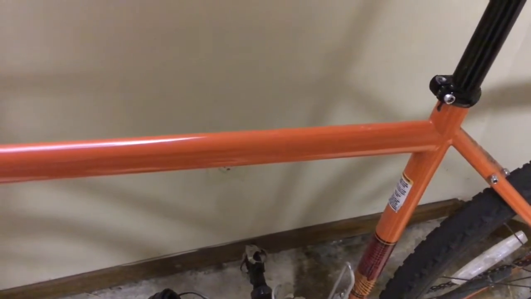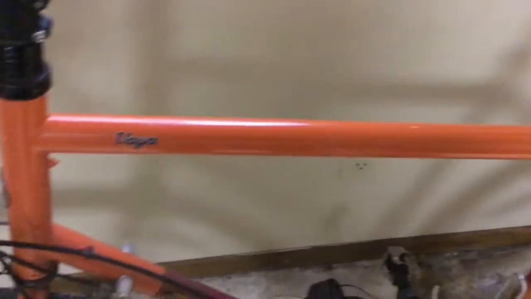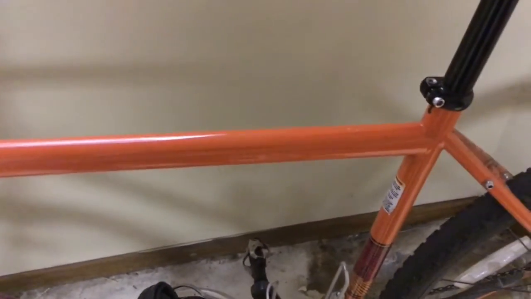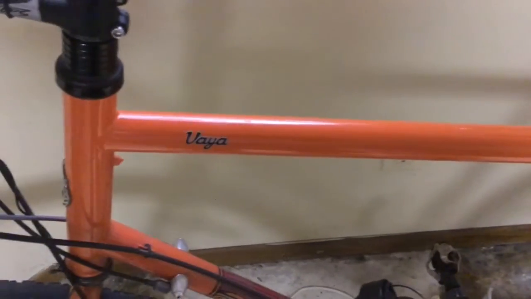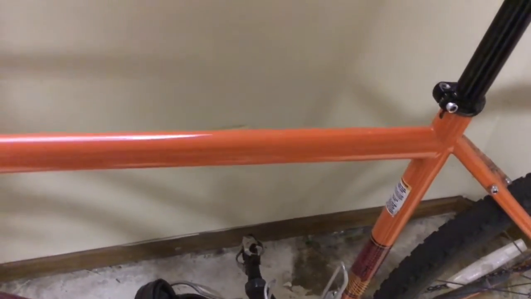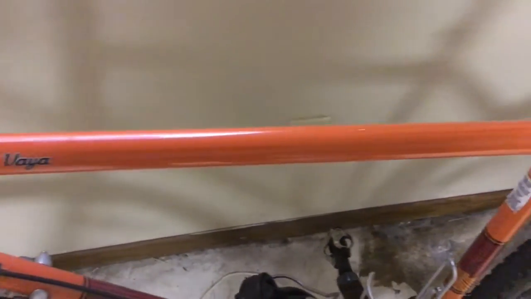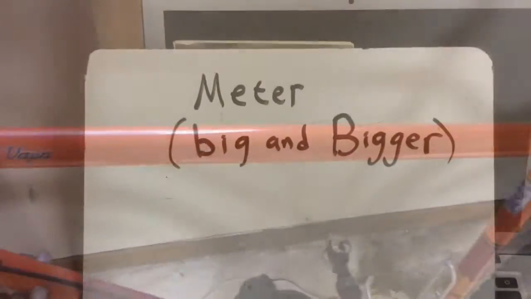On a bike, the tubes are called different names. This one running across the bike is called the top tube, and that is 60 centimeters from there to there. Okay, that's how they size it. So again, that's not too far. It's bigger than a millimeter, right? So we measure in centimeters, 60.